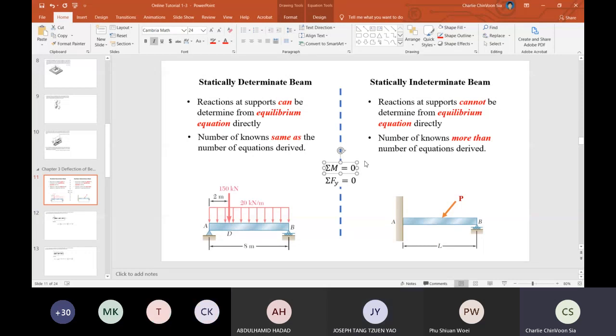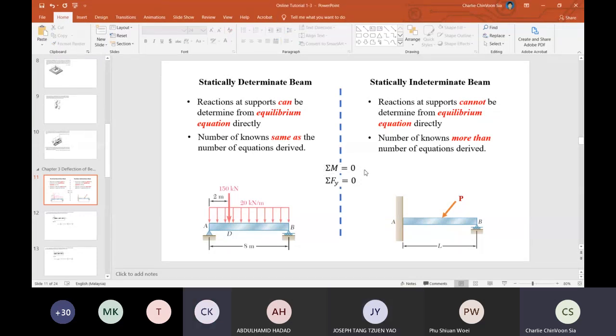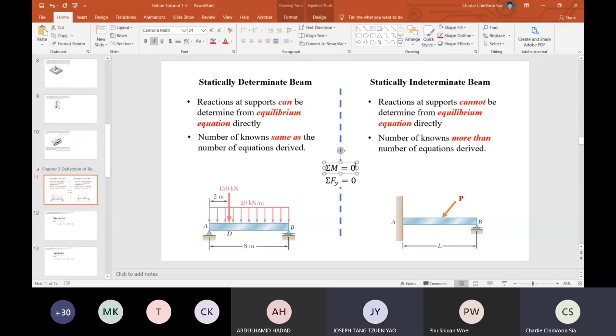That is not the right way to answer the question. Please keep in mind to use sum of moment equals 0 and sum of Fy equals 0 once to generate the equations.